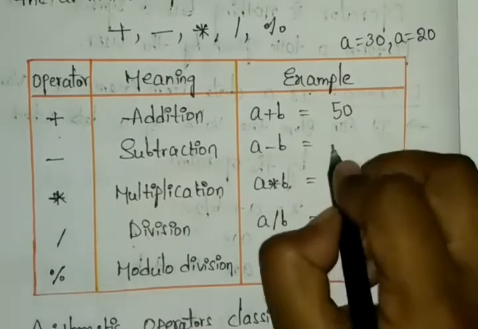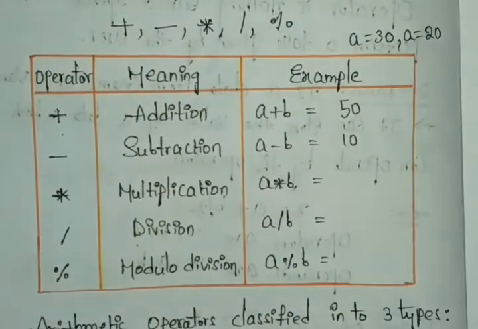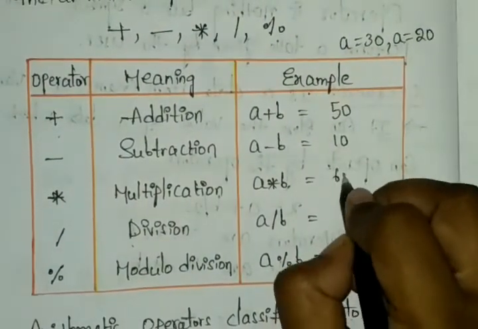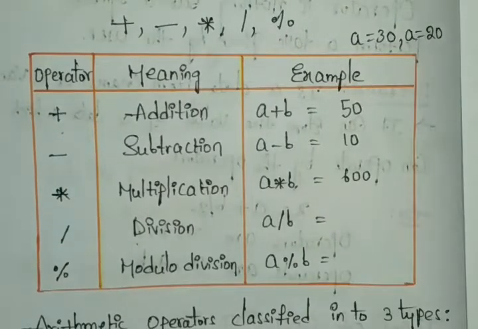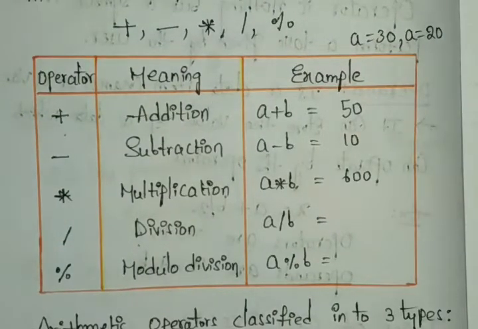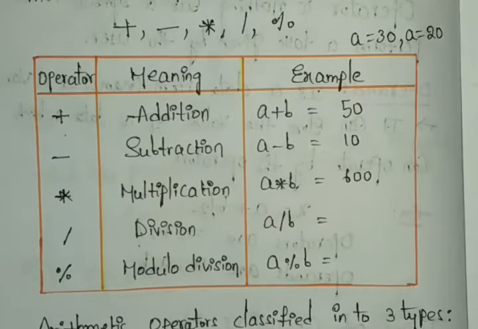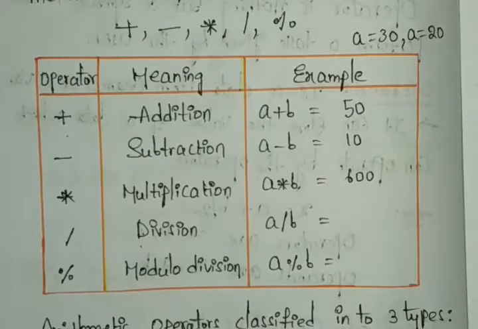A minus B gives 10. A into B gives 600. And next, A by B is 3 by 2, so we will get a fractional point type value.